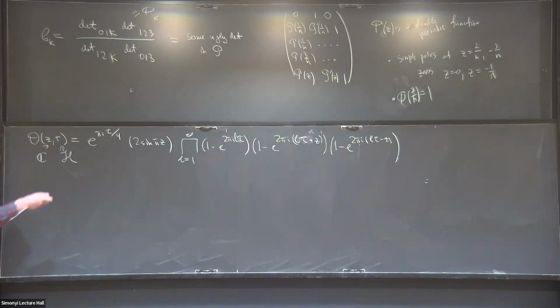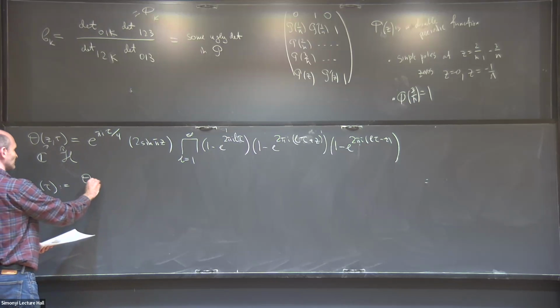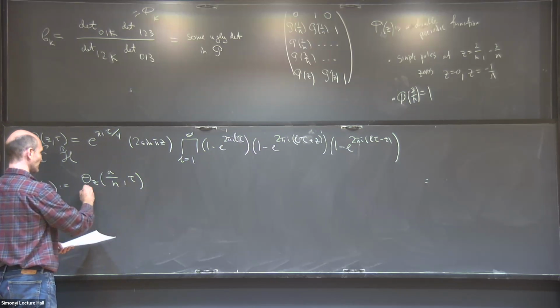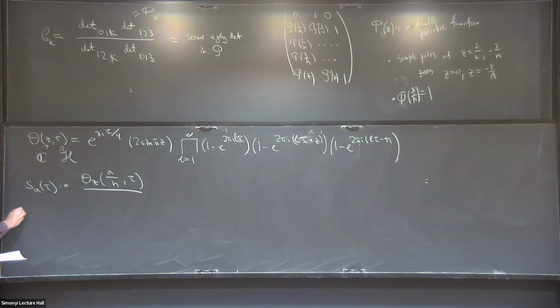And the interesting ones are these things I'll call S_A. S_A of tau will be the partial derivative of theta in Z at a rational point. So now A here will be 1 through n minus 1, or basically in Z mod nZ without 0.